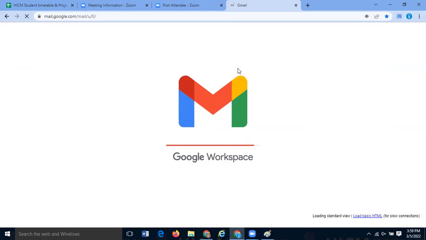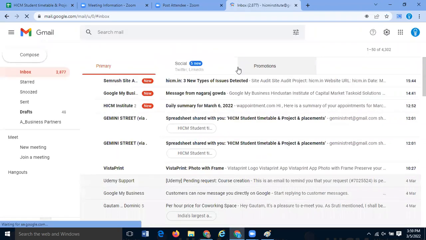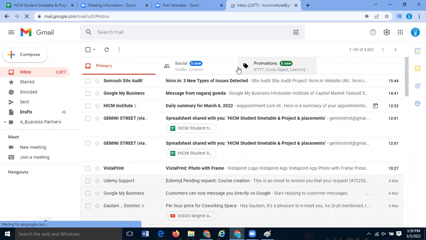Zoom, I don't have. Oh, you need Zoom? No, you can log in with your Gmail account also. You can just select your Gmail account and then you can do it. But on WhatsApp, you can share at the end of the class. I will note down all the slides and then share them with you.